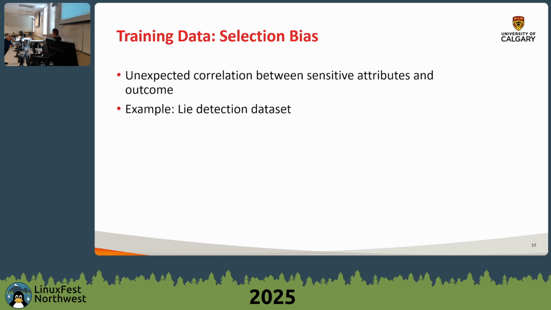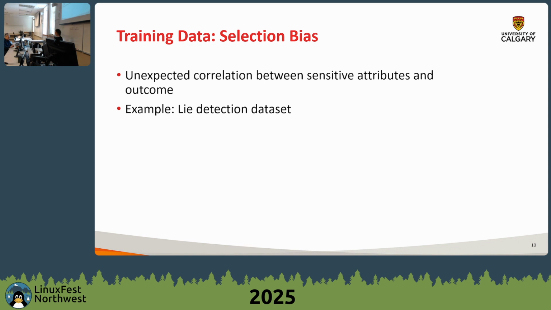And selection bias, of course, is when there is an unexpected correlation between the sensitive attributes and the outcome. This occurs when the sampling of training data introduces an unexpected correlation. So for instance, a research paper in 2022 analyzed data sets that were used for lie detection and discovered that there was gender bias within them.